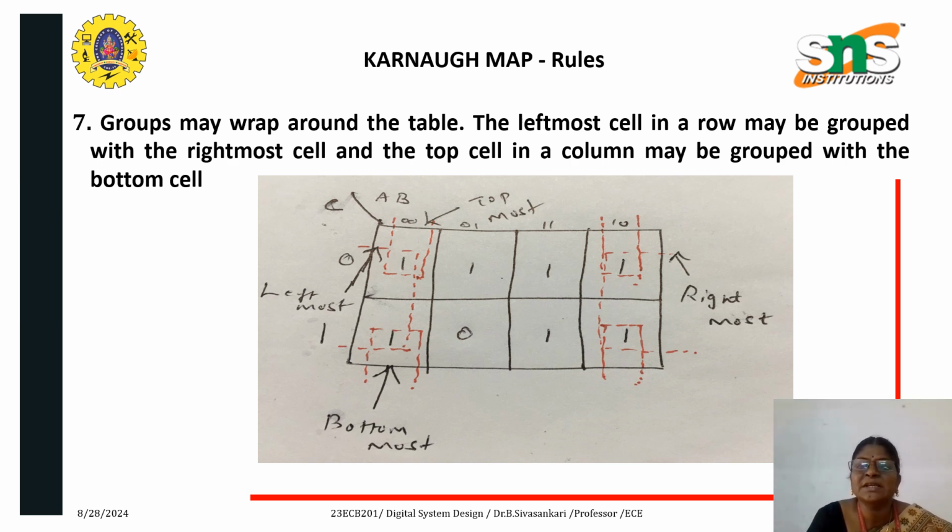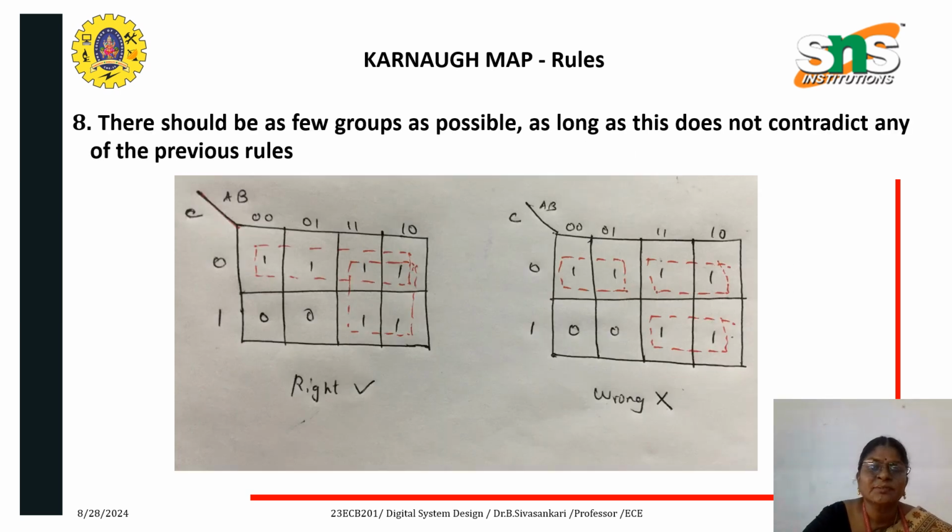So far I said adjacent cells, which are near to each other. But another possibility is leftmost and rightmost. Even if the ones are at the leftmost and rightmost, as well as topmost and bottommost, it is possible to form a group. This is another rule.